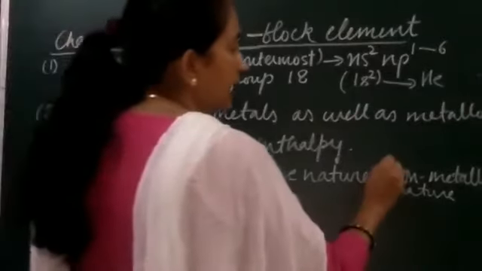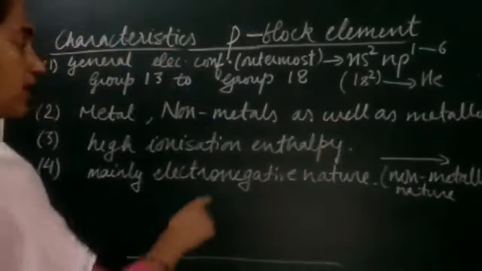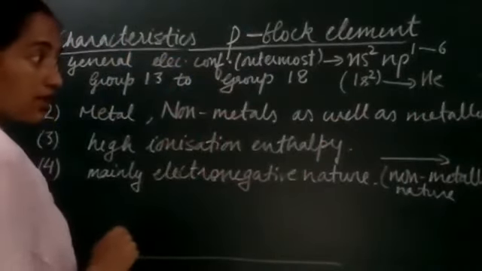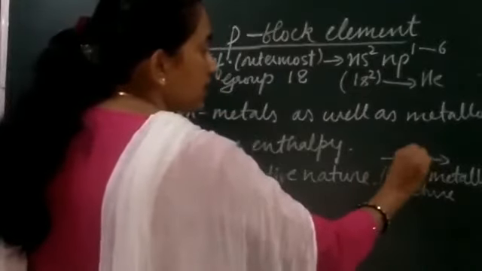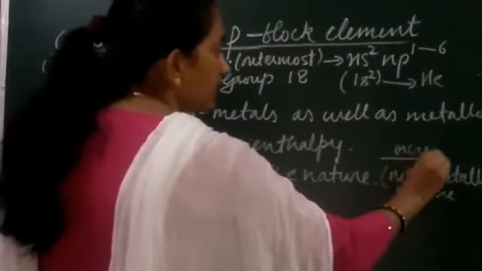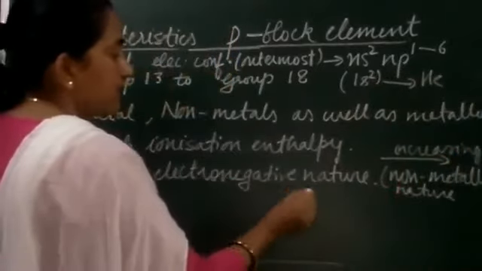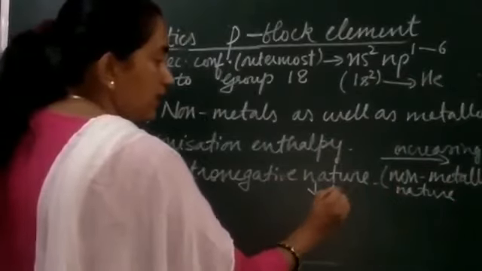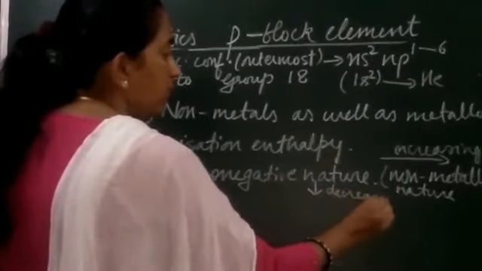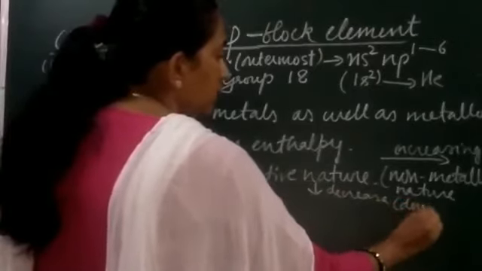So non-metallic nature is going to increase in this way because electronegativity increases, and it is going to decrease down the group. This is the increasing trend, and this arrow is showing down the group.